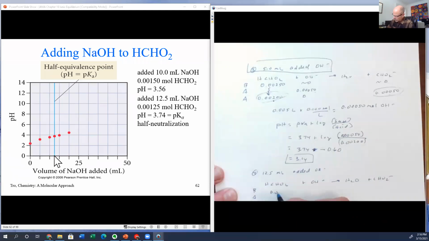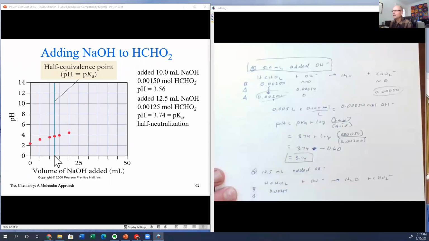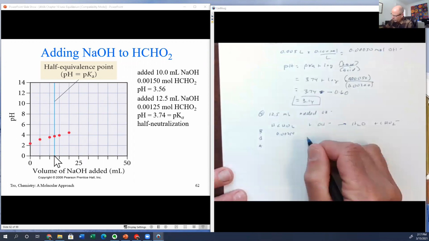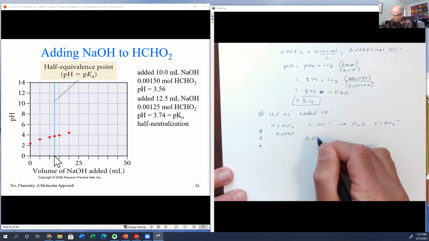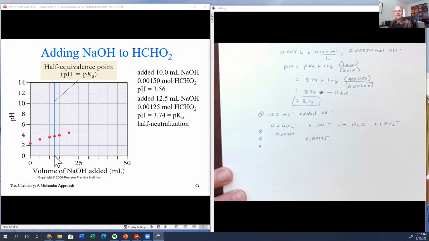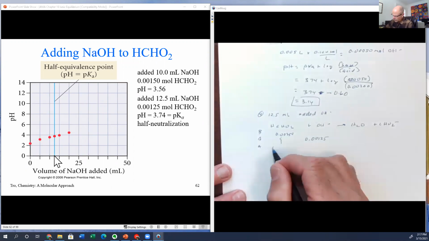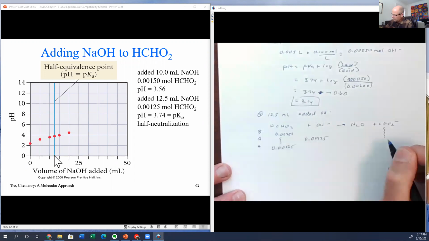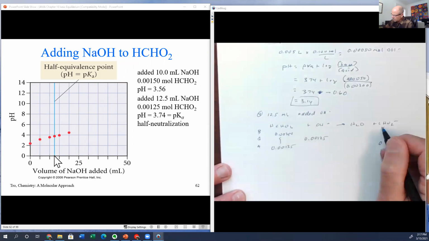We start out with 0.00250, and the difference is that now we've added 0.00125 moles of that. So this goes to 0.00125, and this goes up from 0 to 0.00125.